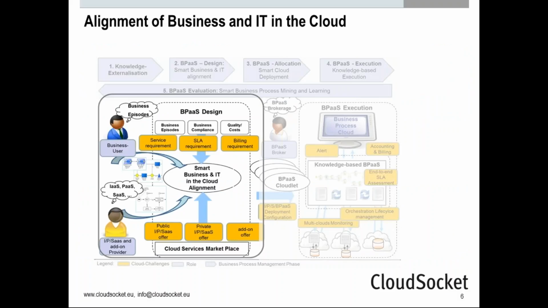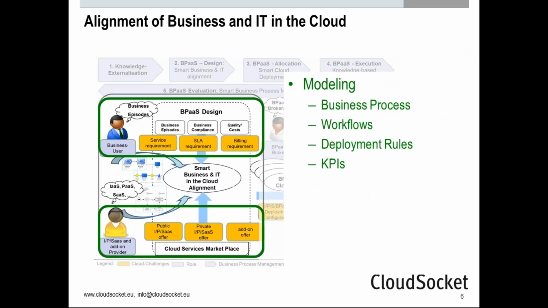Here you see in the background the whole architecture. Our focus is on this alignment, which consists on the one hand of the modeling part. So we need to model the business processes from the business perspective, which are called here the business episodes, which are the requirements for the services, requirements for service level agreements, and maybe also requirements for the billing.